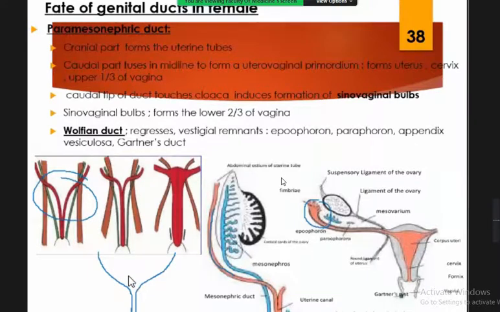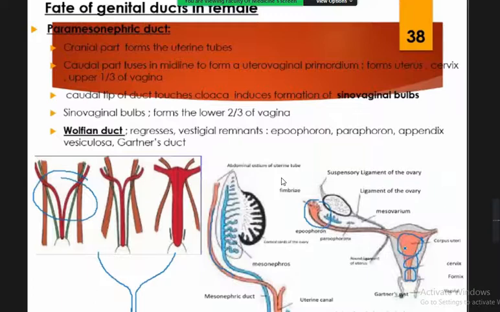And it's from this that we are going to get the uterus here, the cervix, and part of the vagina, the upper part of the vagina.